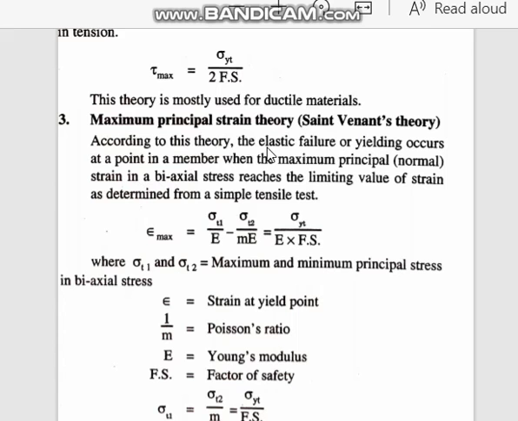This says that the elastic failure, or yielding failure, occurs in a member when the maximum principal strain in a biaxial system reaches the limiting value of strain determined from a simple tension test. You see, in a simple tension test in a UTM machine, you have determined this for that material.